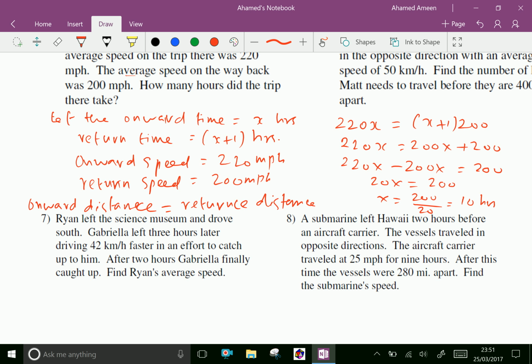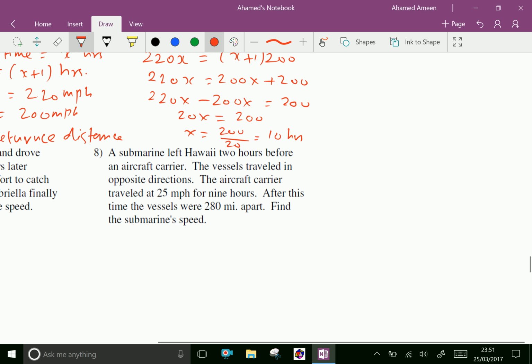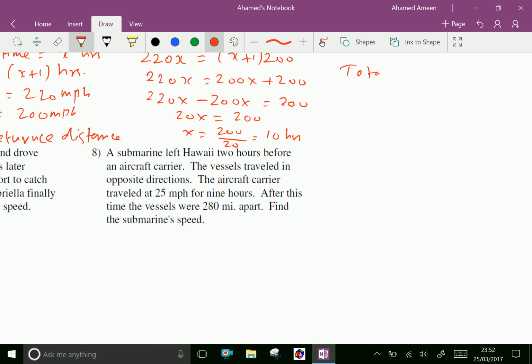Therefore, total trip time equal 10 plus x plus 1 is 11, totally 21 hours.